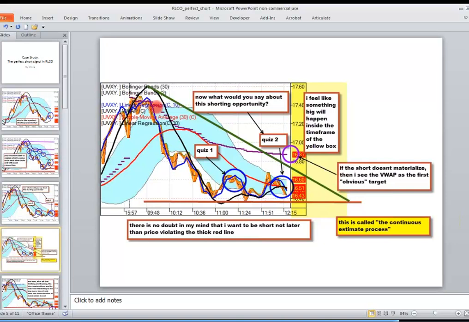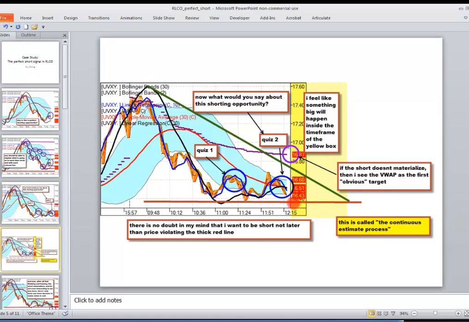We had some big fail in the morning, and then this sideways quiet channel developing, and now the Bollinger Band width is getting narrow. Somewhere between price right now and where these two lines meet, in other words in this yellow box, which represents about 30 minutes, I think we're going to get a sharp price move to the downside or the upside.